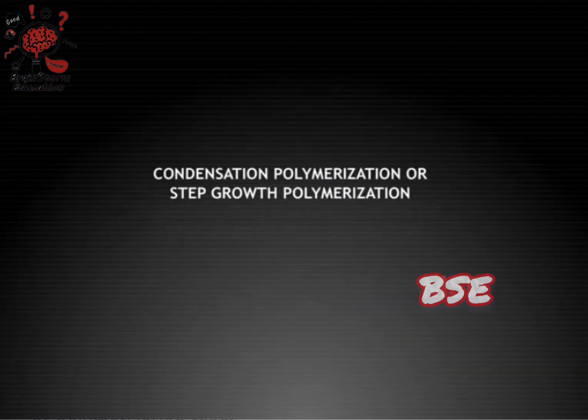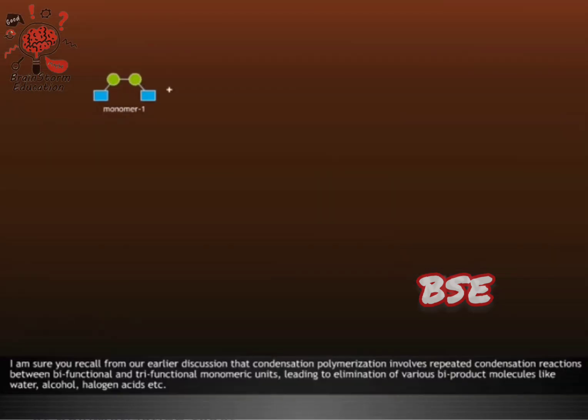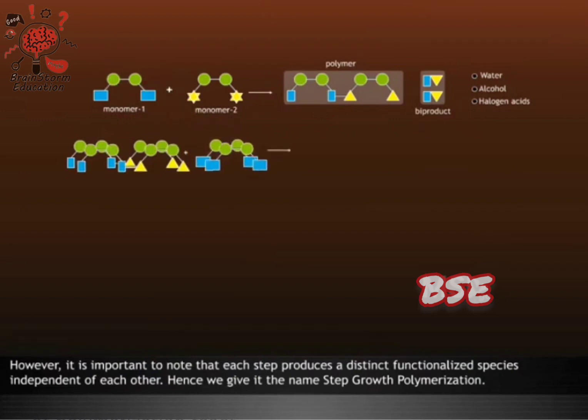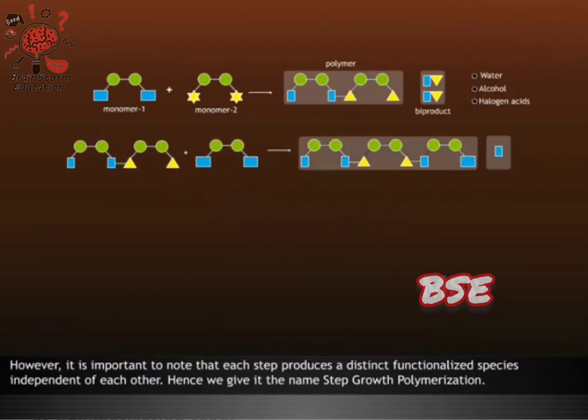Condensation polymerization or step growth polymerization. I am sure you recall from our earlier discussion that condensation polymerization involves repeated condensation reactions between bifunctional and trifunctional monomeric units, leading to elimination of various byproduct molecules like water, alcohol, halogen acids, etc. However, it is important to note that each step produces a distinct functionalized species independent of each other.